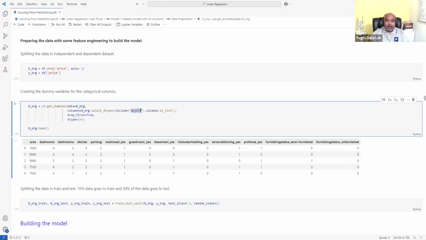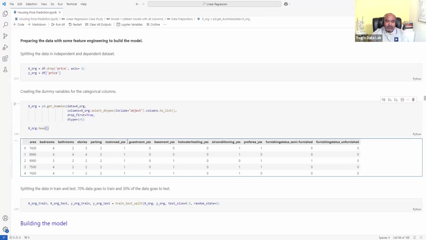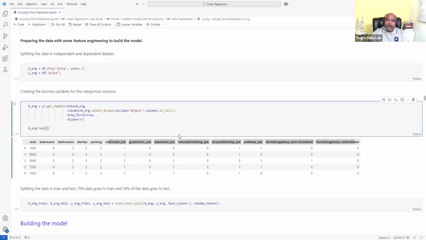I have said select my object columns, drop_first equal to True, and dtype int, because if you don't give dtype int, you will end up getting True and False. So I have given int, I'll get ones and zeros. Once I've done this, I see that all my dummy variables are created over here. So my data is ready. My independent data set and my dependent data set, all of them have become numeric now.